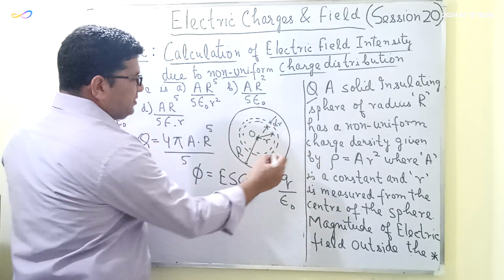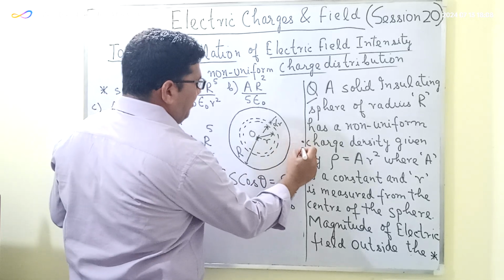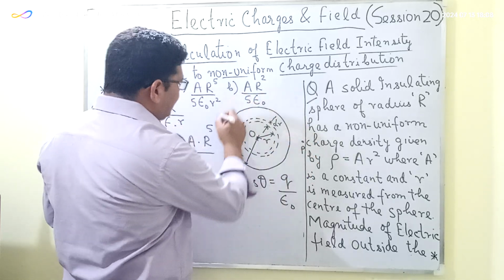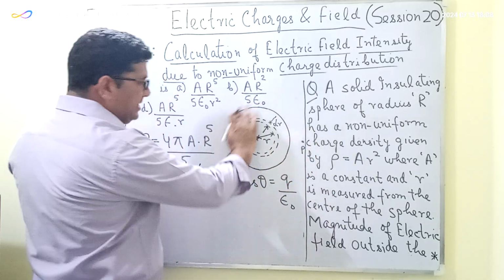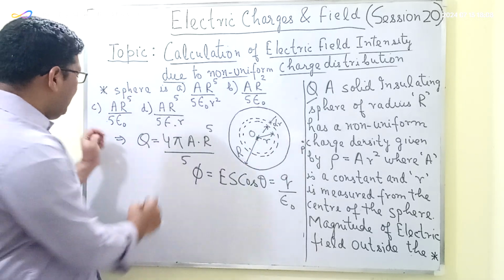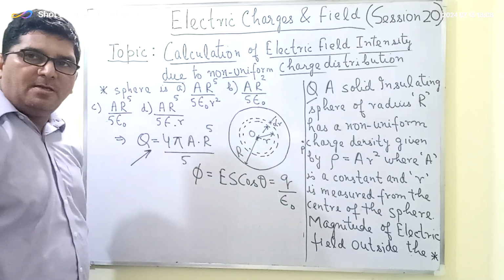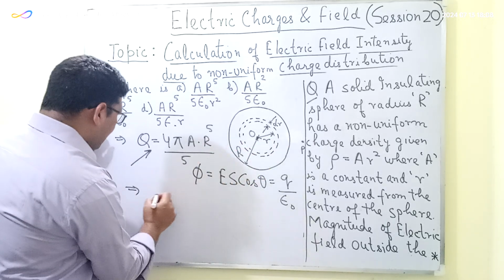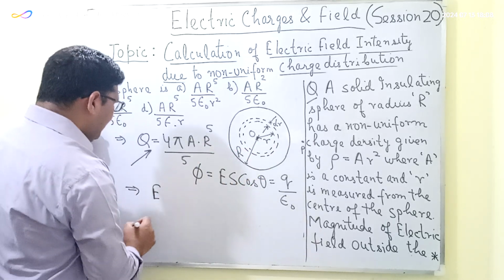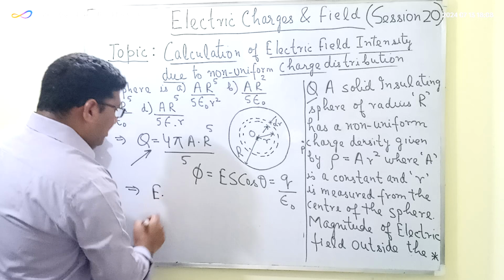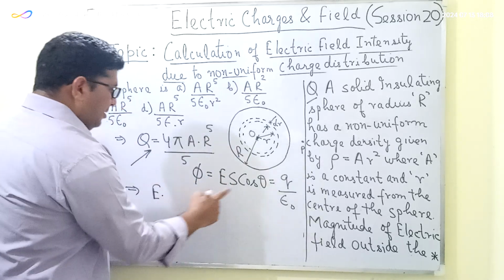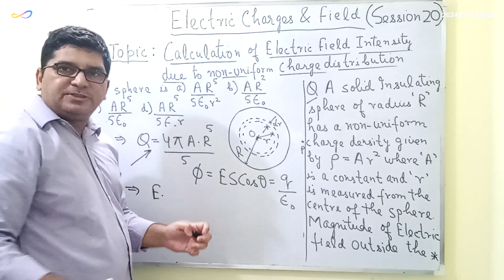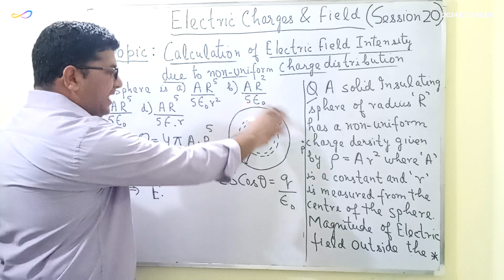So in this case, there is a point P here. If I construct a Gaussian surface here, the total charge enclosed by the Gaussian surface will be equal to this value. The electric field at the point P will be E, and S is the surface area of that Gaussian surface.